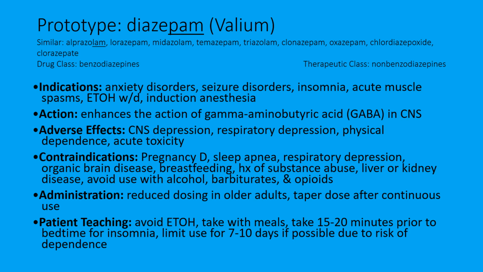So if somebody comes in with acute back spasms from, say, an injury or from lifting something that was much too heavy for them, we can use diazepam to relax those muscles. We typically don't leave people on a benzodiazepine for muscle relaxation because it also relaxes the brain so much. It causes so much sedation. So for acute muscle spasms, it can be very useful.